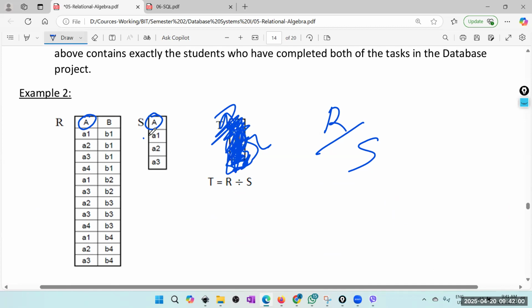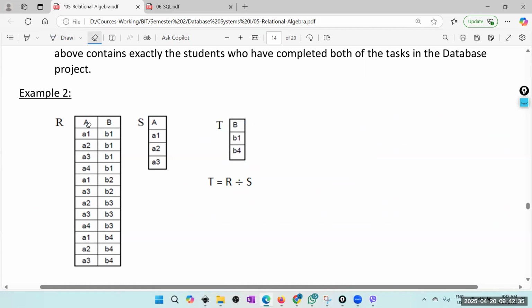What is the result? R divided by S. Result is B1 and B4.